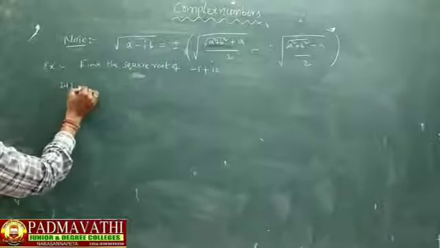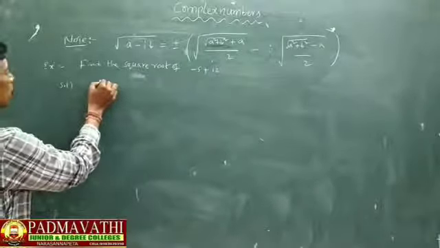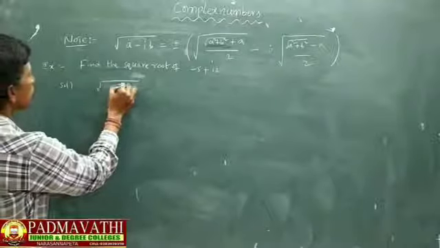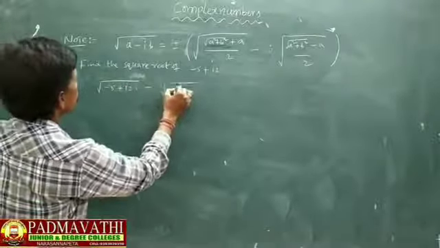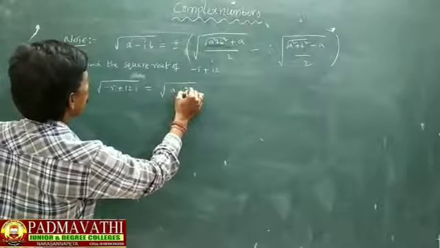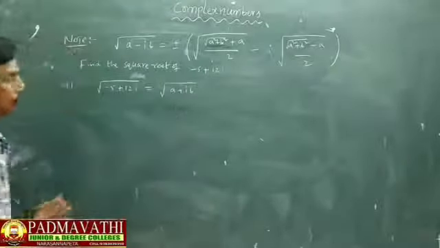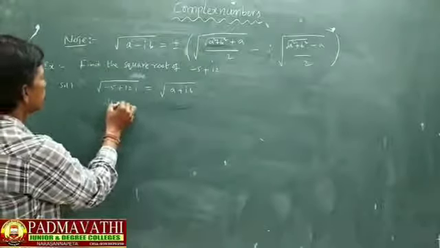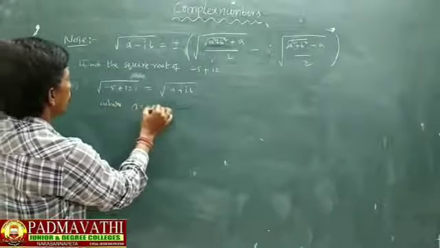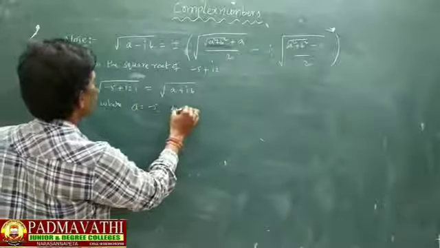Solution: the square root of minus 5 plus 12i, comparing with the square root of a plus ib, where a equals minus 5 and b equals 12.